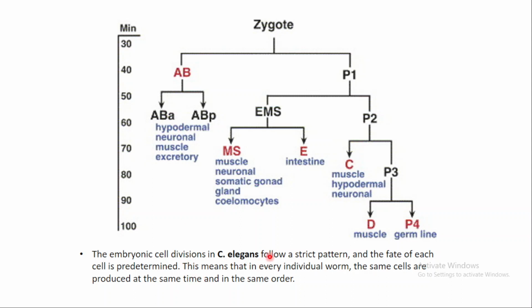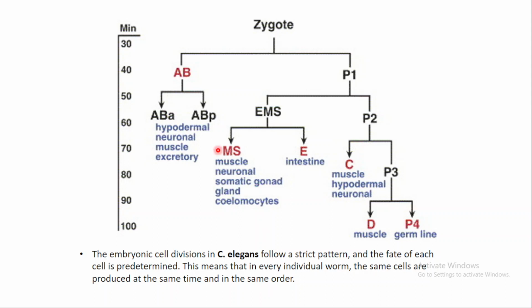Embryonic cell division in C. elegans follows a strict pattern, and the fate of each cell is predetermined. This means that in every individual worm, the same cells are produced at the same time and in the same order.